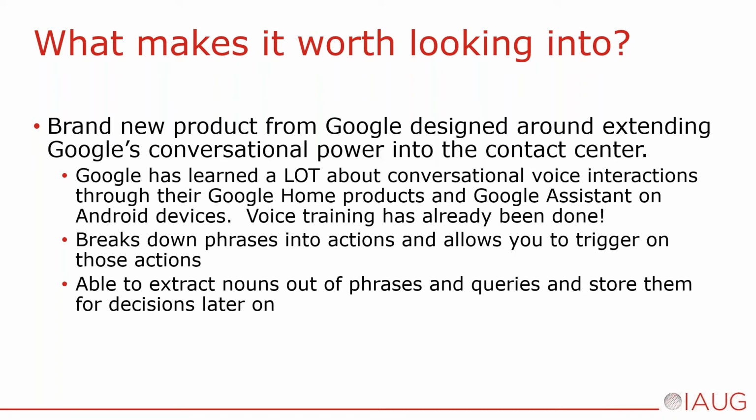The neat thing about this particular product is that instead of training for exact words or keywords, it breaks down the phrases people are asking your system into actions. It allows you to trigger on those actions. It's able to extract nouns out of phrases and queries and store them for decisions later on.